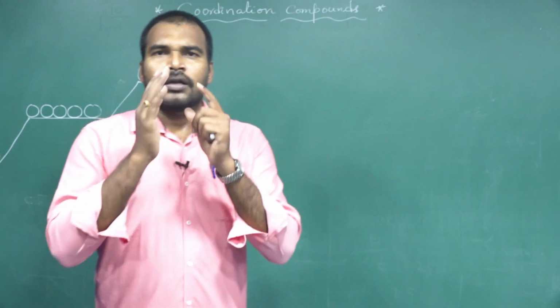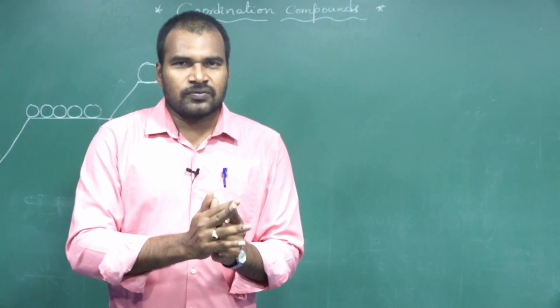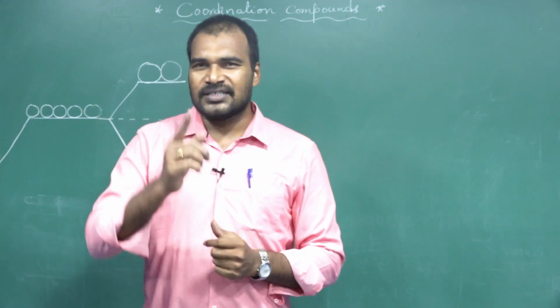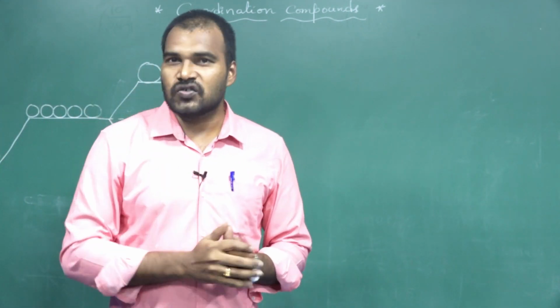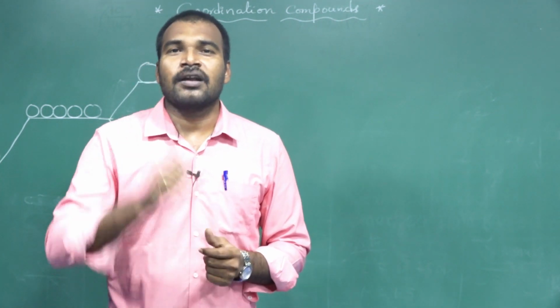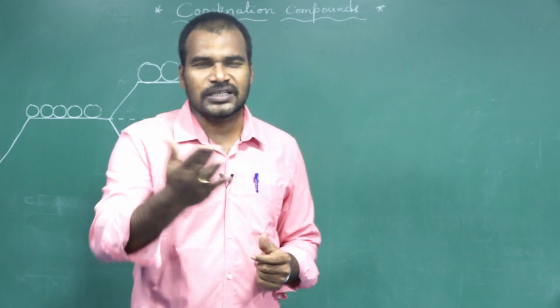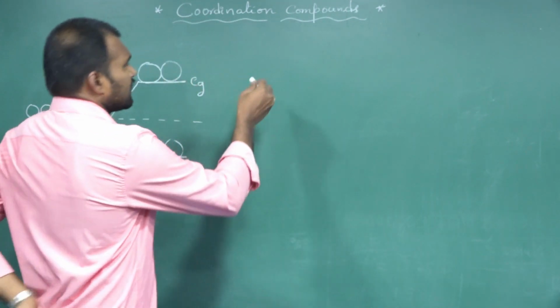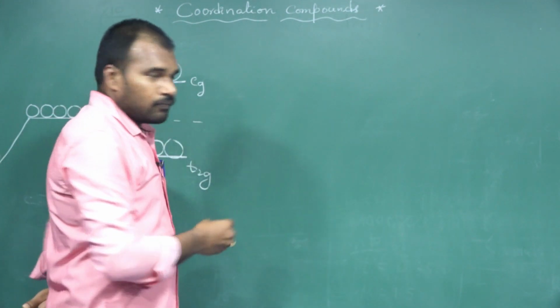But filling of electrons in d orbitals in presence of ligand is called ligand field. Presence of ligand also follows Hund's rule, but it depends upon del value. Del means crystal field splitting value. Okay, let us see, it depends upon del value.